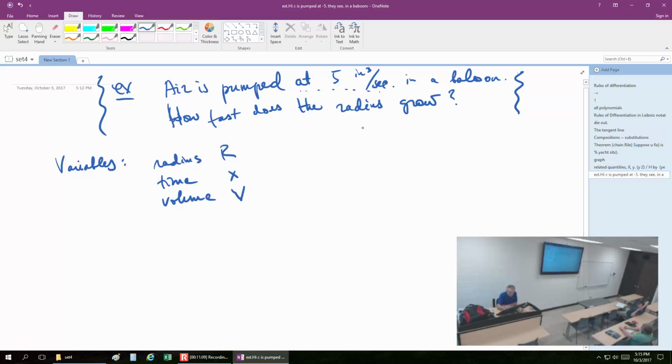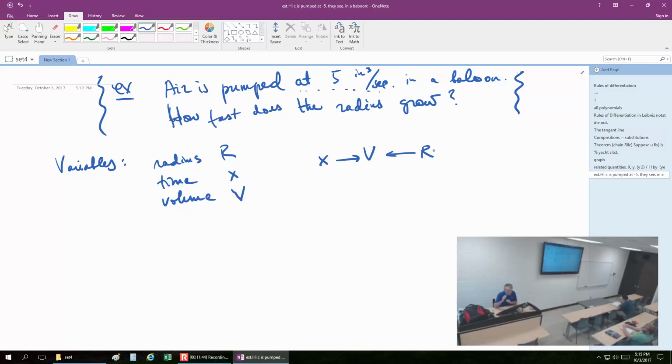The volume depends on X, like this. And separately, the volume also depends on the radius, or vice versa for that matter. So that is the dependence, and it is in the nature of the problem.